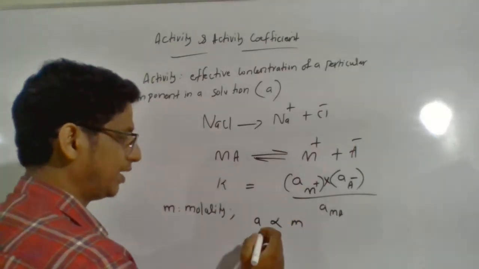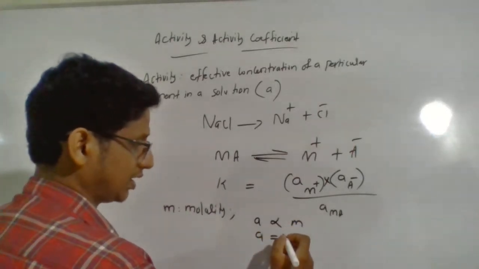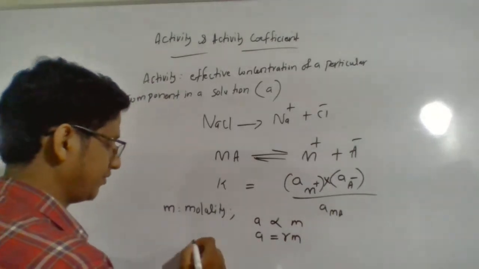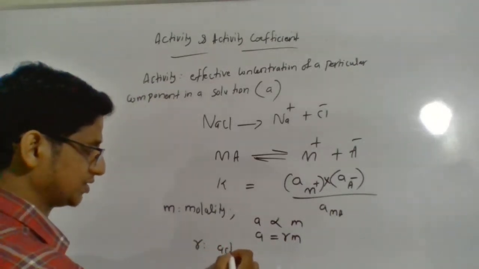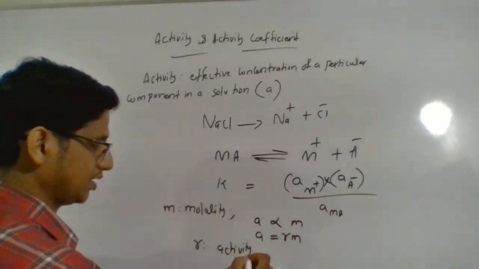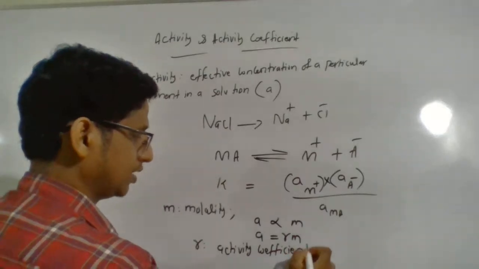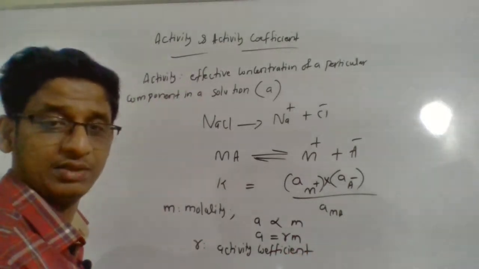But now we introduce a constant that we call gamma, where gamma is the activity coefficient of a particular component.